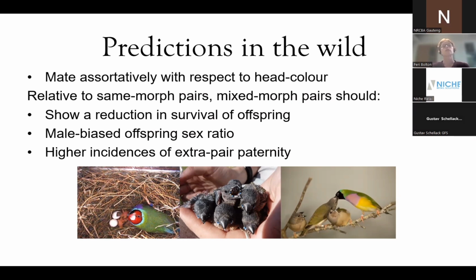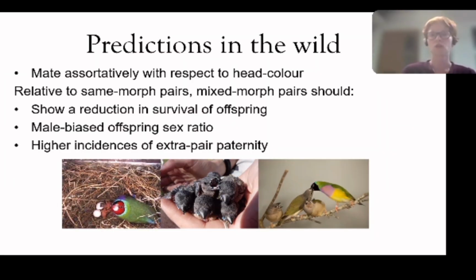And relative to same morph pairs, a mixed morph pair should show a reduction in the survival of the offspring, and produce more male offspring. This could be a result of the sex ratio bias, but also because of the mortality. And there should be more incidences of extra pair paternity, or cheating.